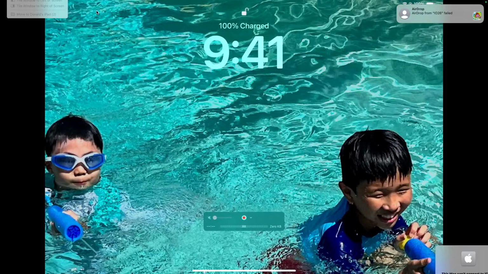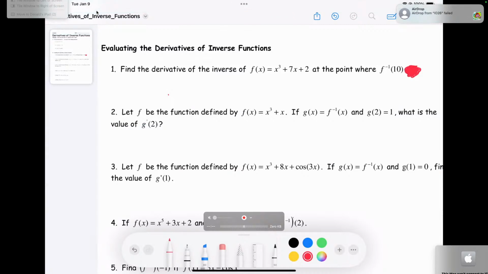It's any number in between. Oh wait, is that wrong? Because it's 1 over f prime of 10. Wrong derivative.